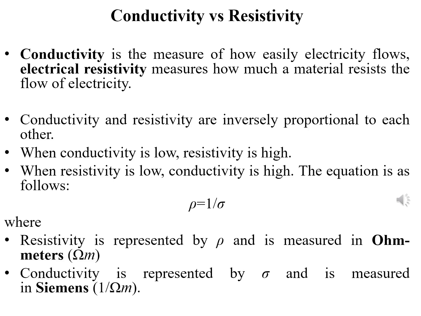We represent resistivity by rho, and it is measured in ohm meters, and conductivity is denoted by sigma, and its unit is Siemens, that is 1 over ohm meter.